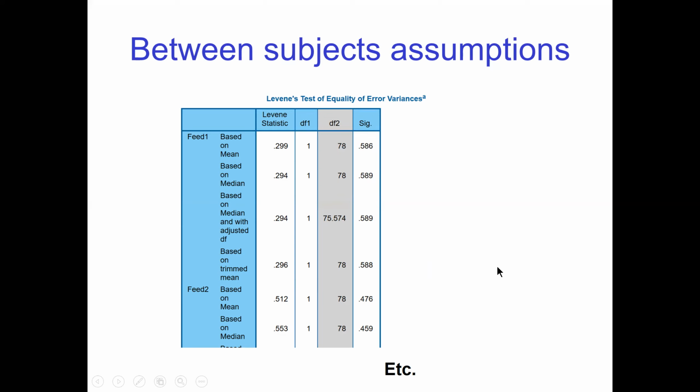Feedback 2 is non-significant, and if we looked at feedback 3, it's not significant. So the error variances, the residual variances, are essentially not unequal regardless of the time that people have been measured.